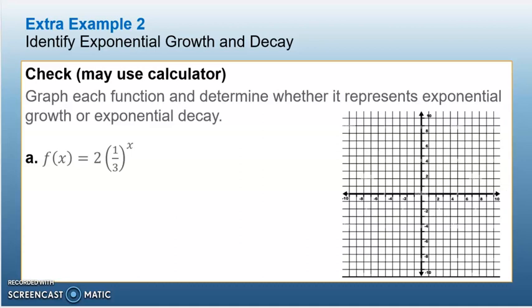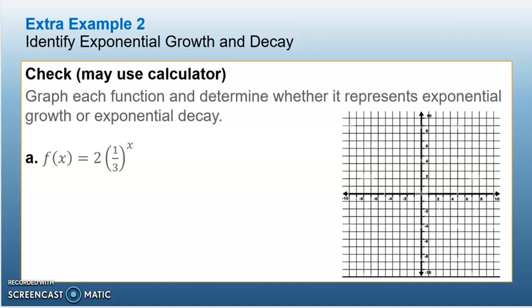So if I put a -1 in for x, anytime I have a negative exponent, I have to do the reciprocal of the base. So 1/3 to the -1st power means I have to do the reciprocal of 1/3, and the reciprocal of 1/3 is 3. So 1/3 to the -1st power is 3. 3 times 2 is 6.